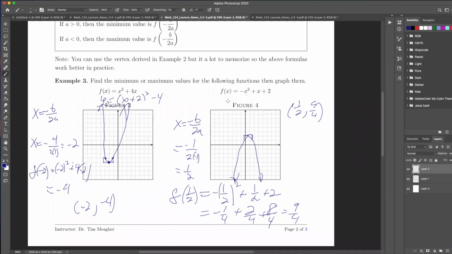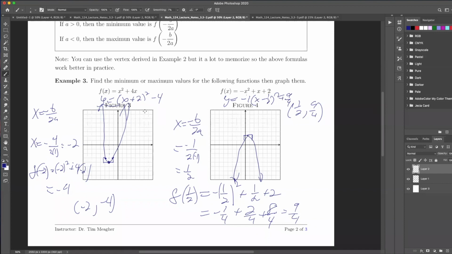And if I solve this one the other way, you're going to get minus 1 times x minus a half, squared, plus 9/4. Because once you know the vertex, you know all the data to put this in.